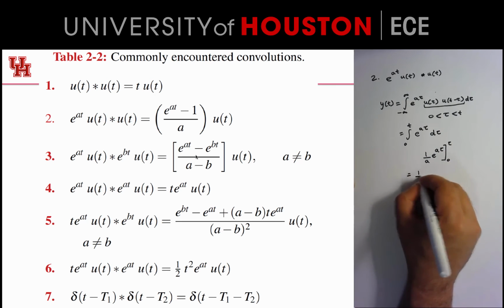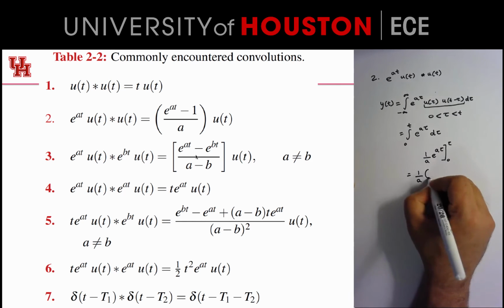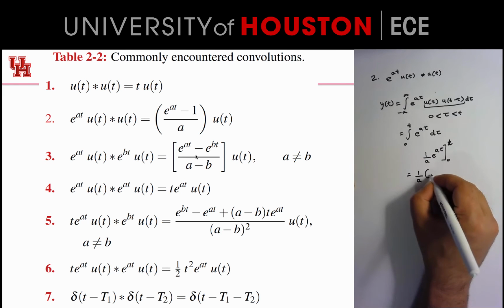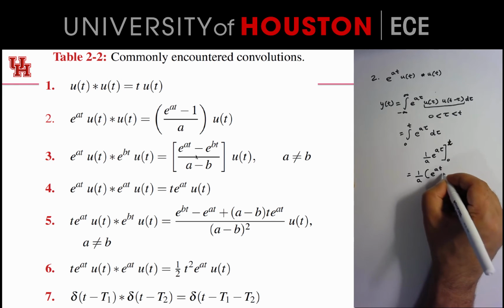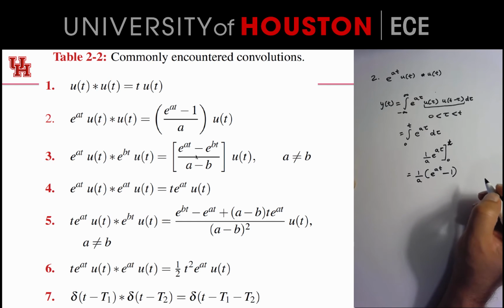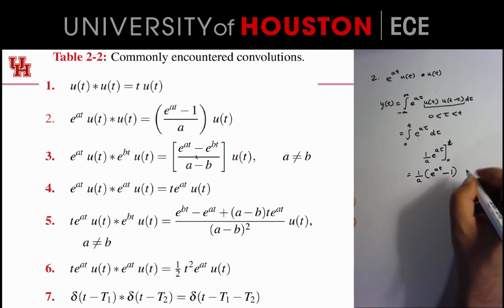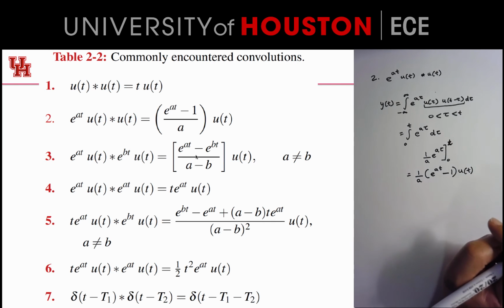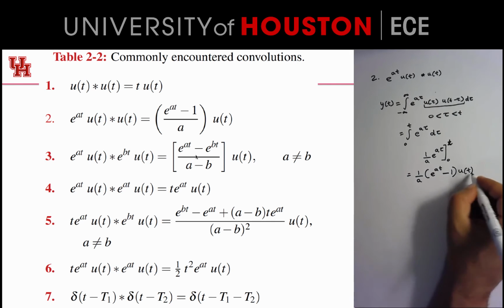So the answer is 1 over a times e to the at minus e to the a times 0, which is 1. So this is our answer. And then, of course, we put a u of t at the end because the whole thing is causal.